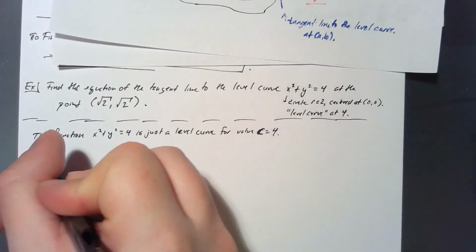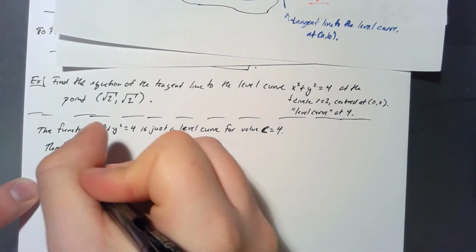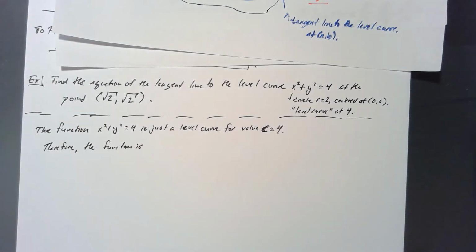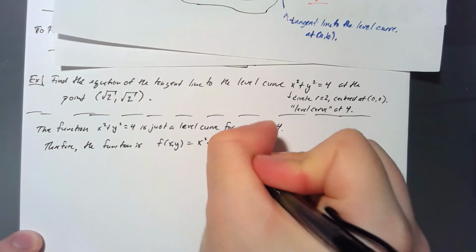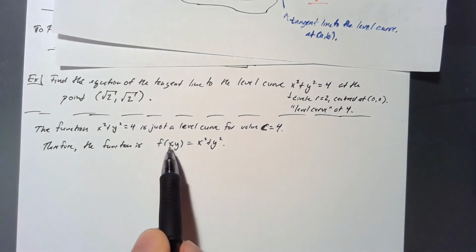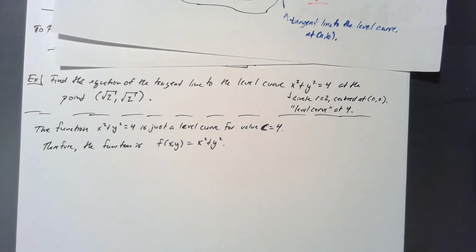So the function is f of xy equals x squared plus y squared, because this could be equal to 4 in this case, but it could be equal to 16, 25, or not just a perfect square, it can equal anything. Let's compute the gradient of that.